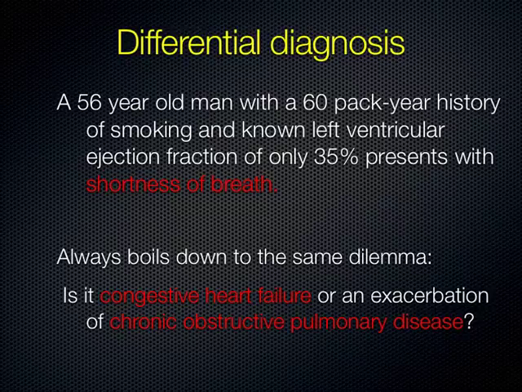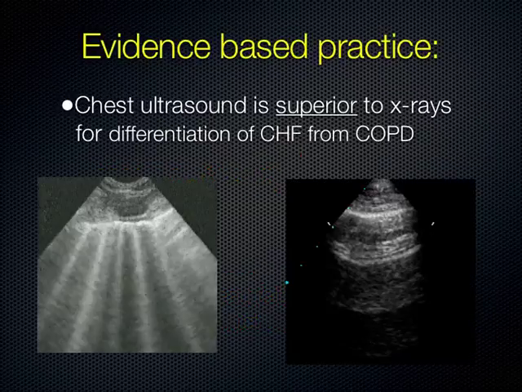So the lung ultrasound is very much based in evidence. There's a big body of evidence now and it's growing on how we can use ultrasound for imaging the lungs. We know that chest x-ray is inferior, in other words, ultrasound is superior to x-rays for differentiation of CHF from COPD.